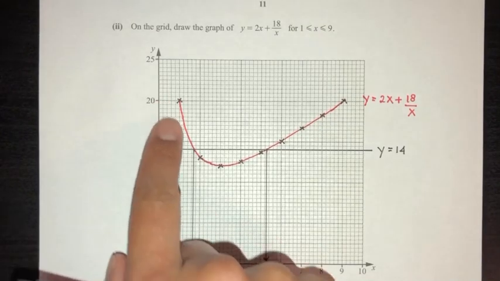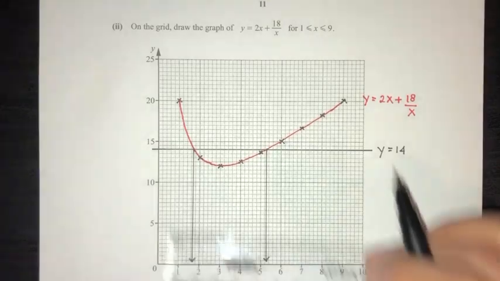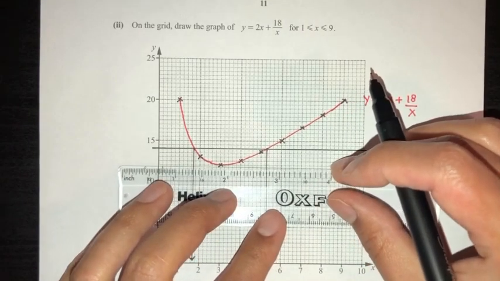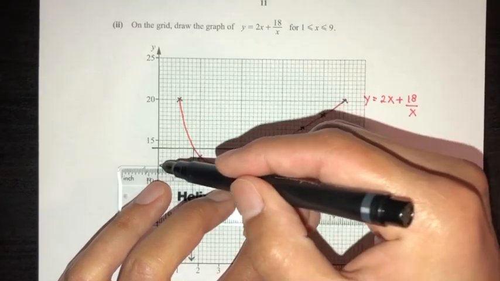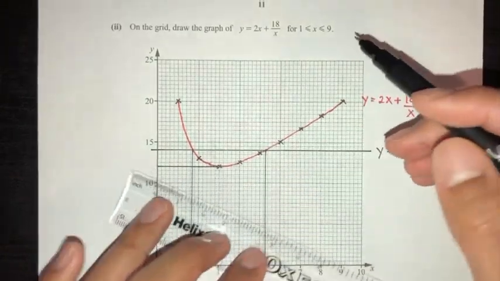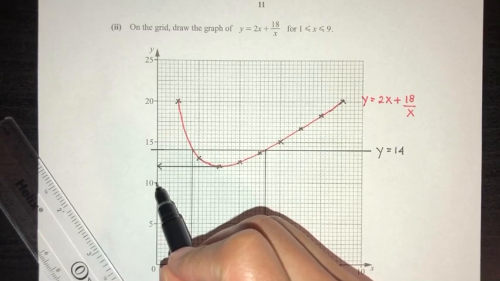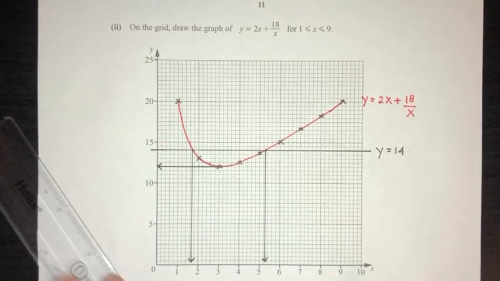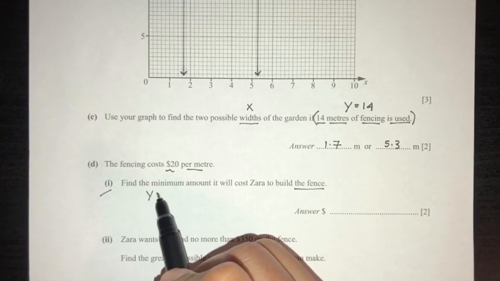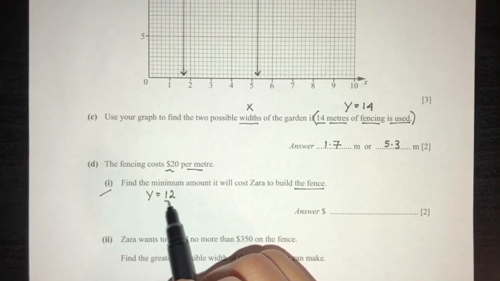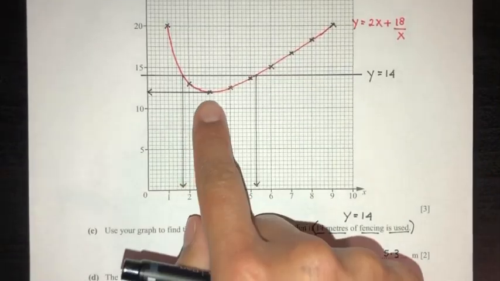Your graph does this, and that's the minimum point. So we have to draw a line here to find the corresponding value. So that will be about, this is 11, 12. So the minimum possible value will be when y equal to 12 meters. That's the total length that she will use according to the values that you can see here, right?